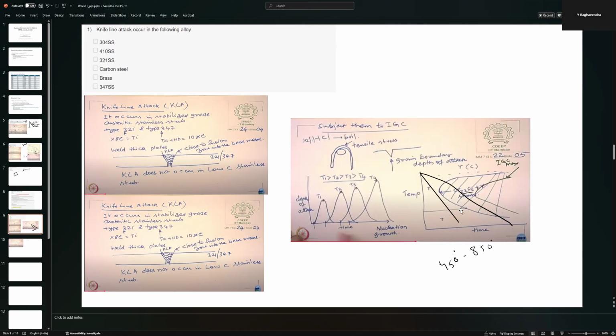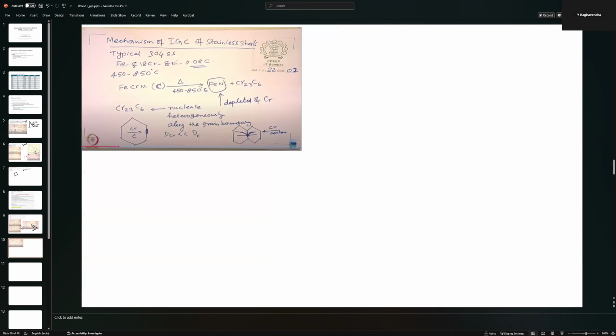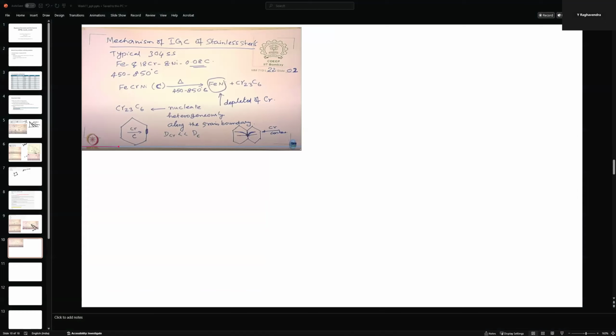How can you tell that Cr23C6 precipitation is forming inside the grains? That's why it is not giving corrosion. Are you talking about a specific question? Yes, the fifth question.